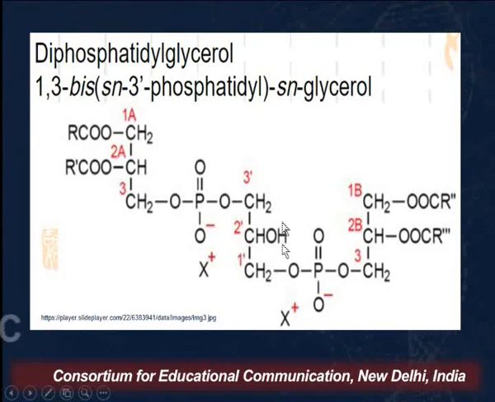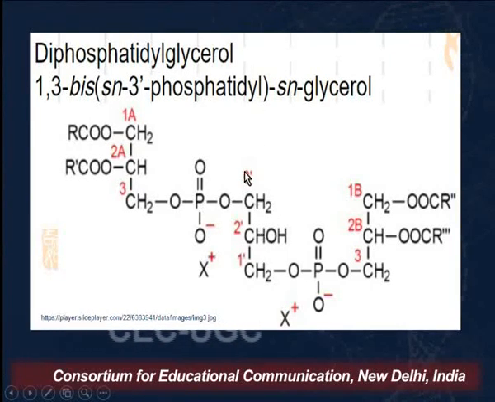So what we find in this case is that the first OH of the glycerol is attached to the phosphatidyl moiety, and then the third OH forms a phosphoester bond with the other phosphatidyl moiety, resulting in 2 phosphatidyl groups here. So therefore this lipid is also known as diphosphatidylglycerol.